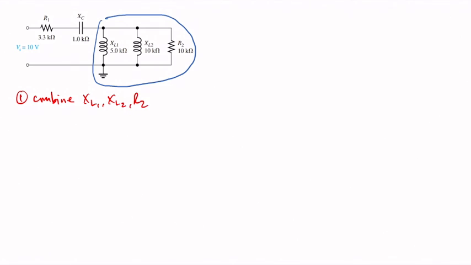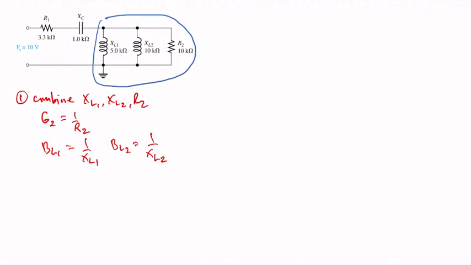In order to do that, we need to take the reciprocals of each of these and then combine them, which means that we need to take the conductance G2, which is 1 over R2. We need to take the inductive susceptance BL1, which is 1 over XL1, and the second inductive susceptance, BL2, which is equal to 1 over XL2.